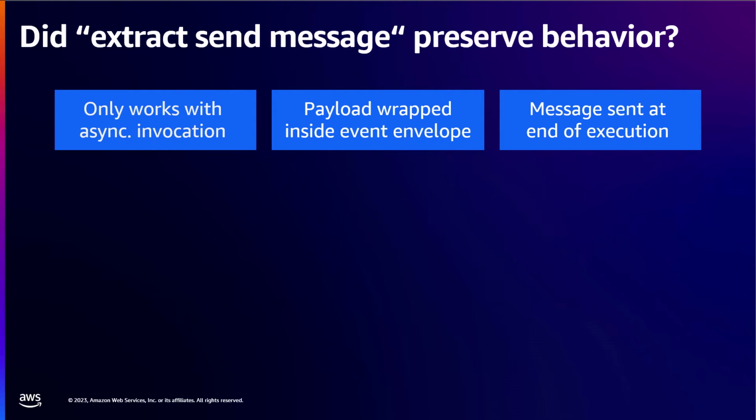The next one is about when the Lambda destination gets triggered. Lambda destination gets triggered at the end of your function invocation. Now, if you have a specific use case where you need to send the message at a certain point, well, this won't work. Maybe at that time you should probably think about splitting the function. To be honest, in an asynchronous environment, the first question would be if that matters.